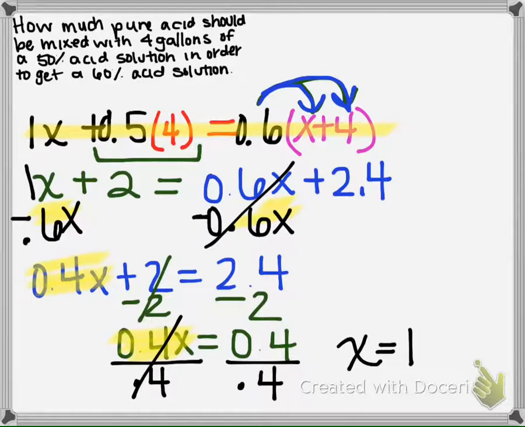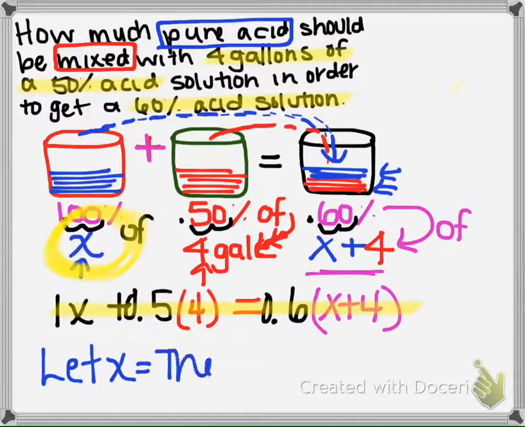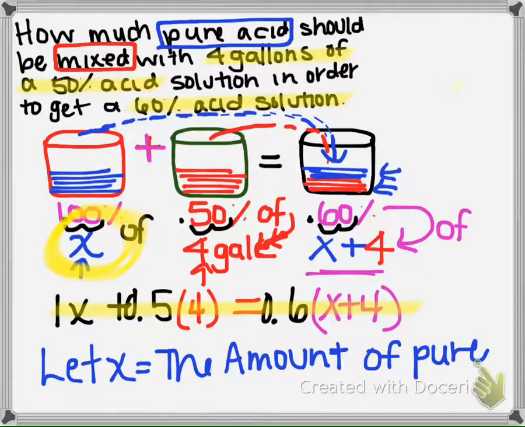Okay, so x is equal to 1. So if we go back to our starting picture, the x right here represented the amount that we need to pour in of the pure acid, the one that's 100% acid.